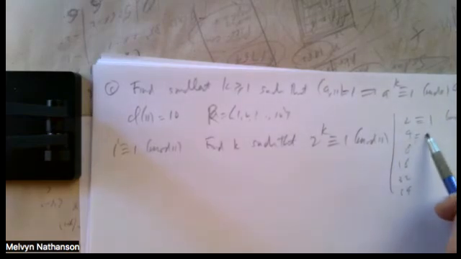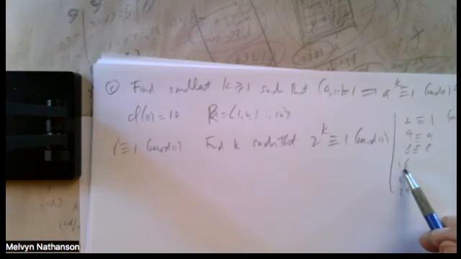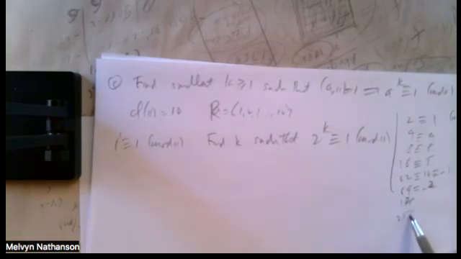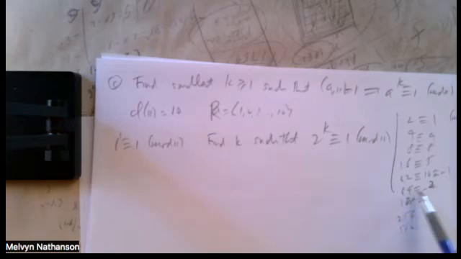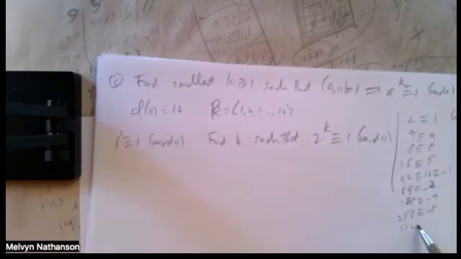This is congruent to 2, congruent to 4, congruent to 8. 16 is congruent to 5. 32 is congruent mod 11 to 10, which is the same as minus 1. 64 is 2 times this, congruent to minus 2. 128 is 2 times 64, that's congruent to minus 4. 256 is congruent to minus 8. 512 is congruent to minus 16.